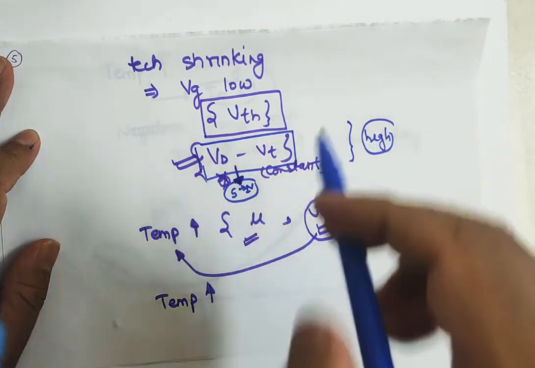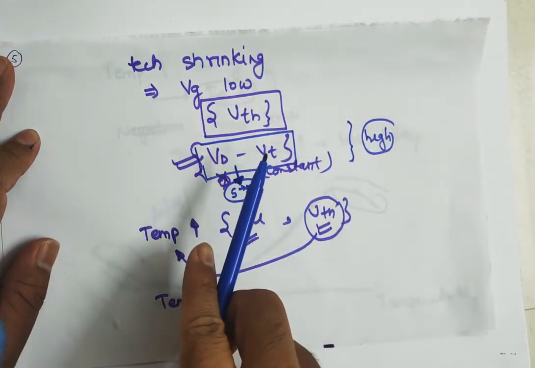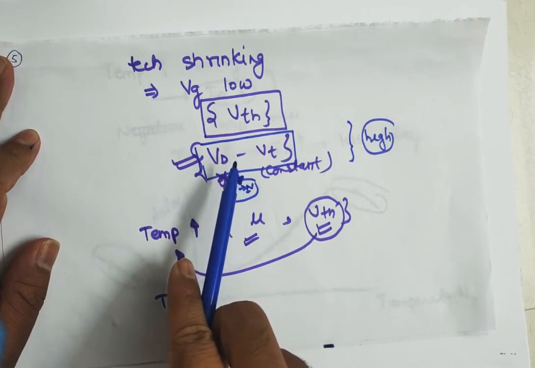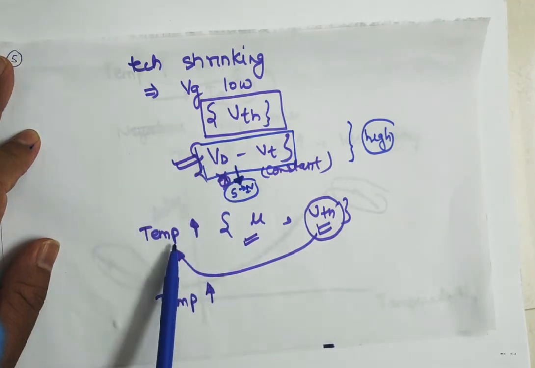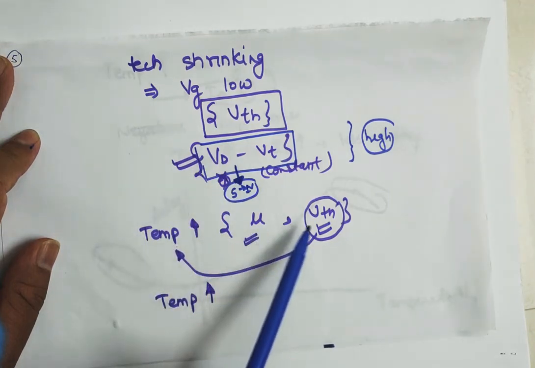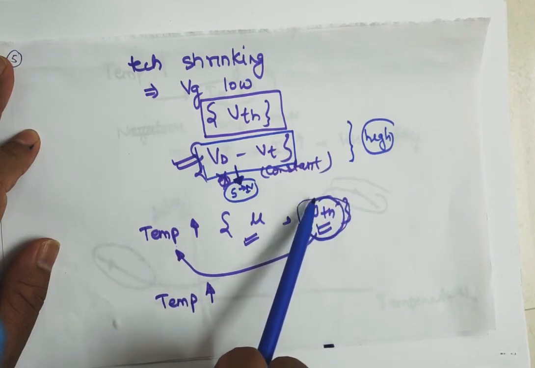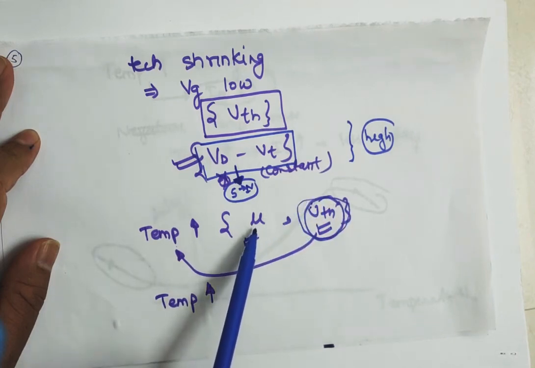That's also a main reason why we are seeing a negative temperature effect, or the temperature inversion. So what does it mean? If we are increasing the temperature, the effect of VTH changing is more compared to mu, the mobility.